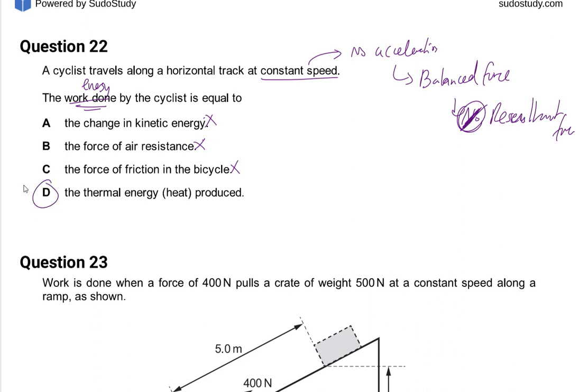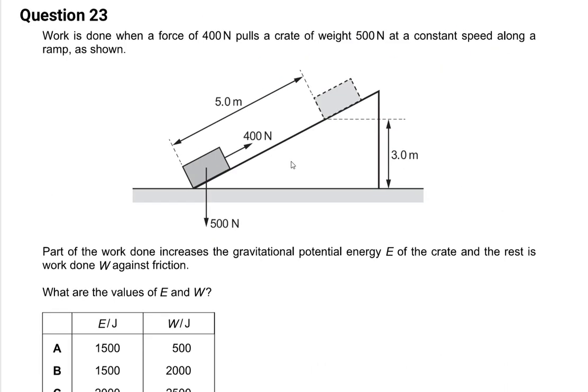So it means that the work you're doing to cycle is the same as the heat that you're producing. So the more heat you produce means that you're working hard, the more work you're doing. Okay, that makes sense. Nice one. Let's go to the next one.